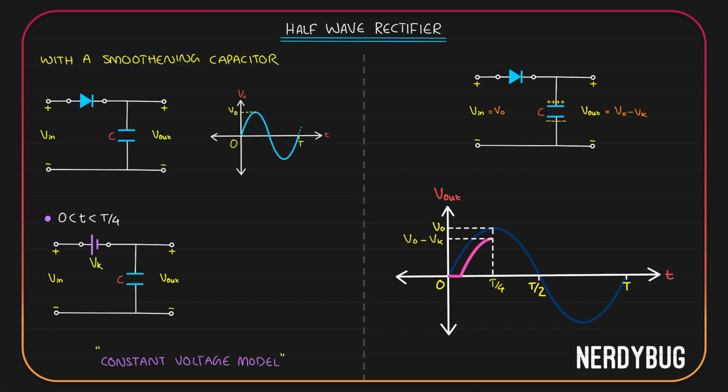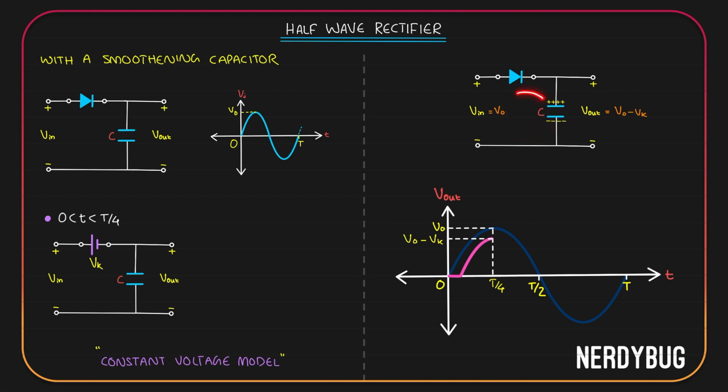Now the question is, will the output decrease along with the input? V output is the voltage across the capacitor. It is V naught minus Vk. Now, if V output has to decrease, that means the capacitor has to discharge. For the capacitor to discharge, electrons from this plate have to go back to this plate. They will go like this.